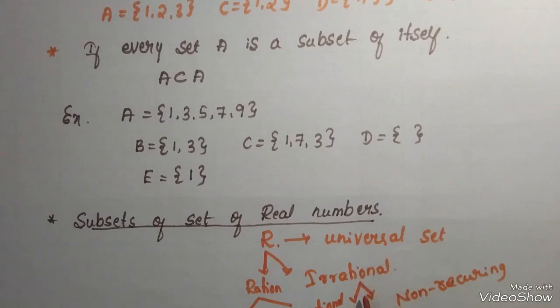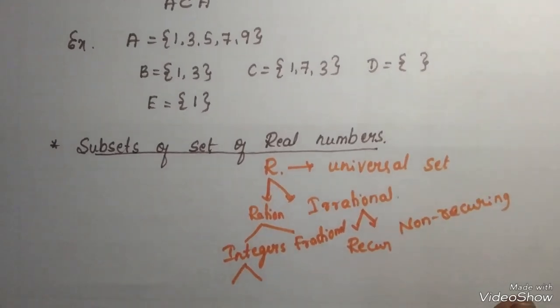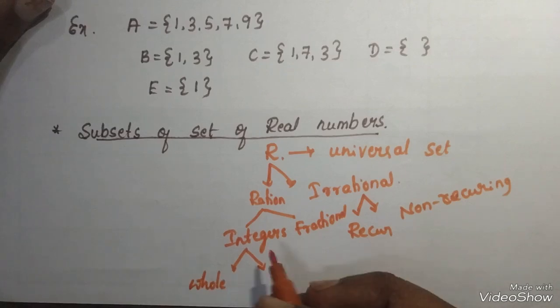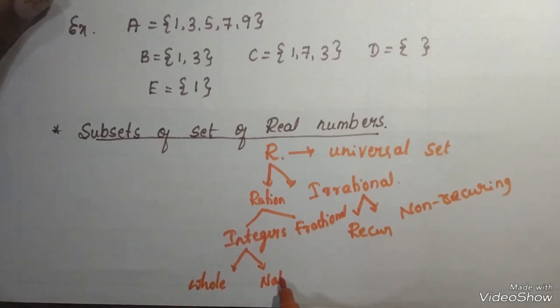Then in integers, after that there are whole numbers, then natural numbers, containing positive numbers.